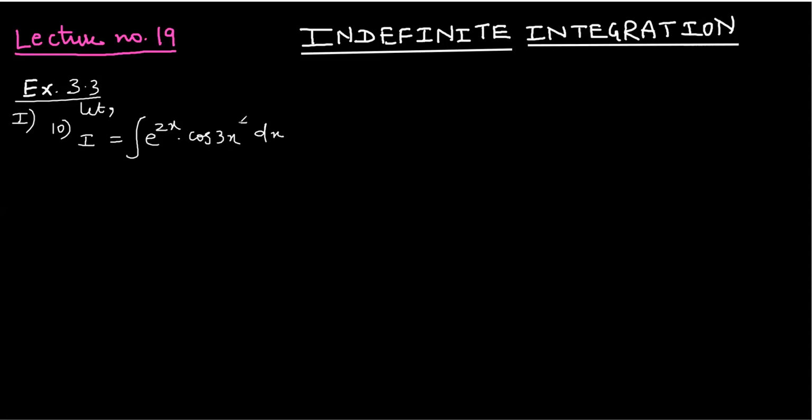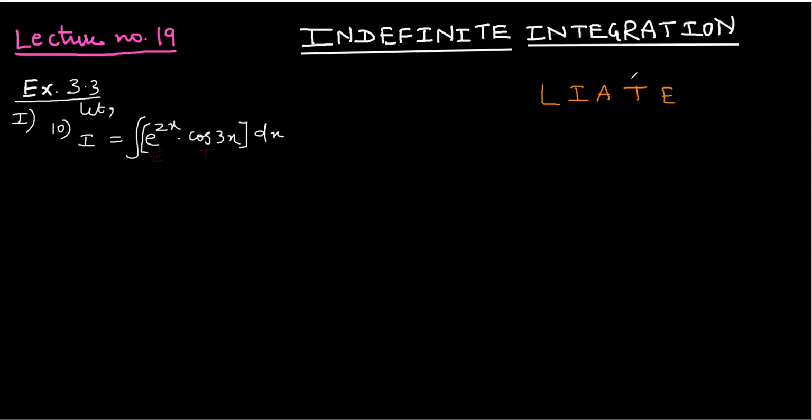Now, this integrand has a product of two functions. One is an exponential function, and the other is a trigonometric function. Now I have to decide the proper order for this. As you all know, we follow LIATE.